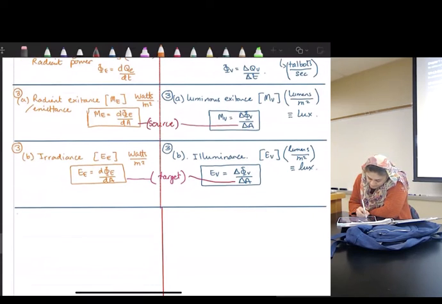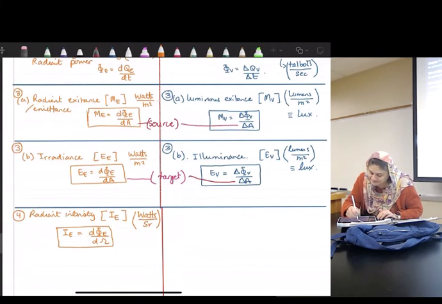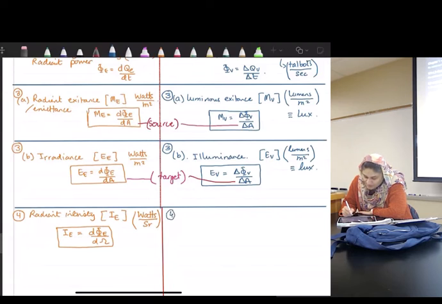Okay, number 4. Radiant intensity. IE. And the units were watts per steradian. The equivalent in photometric units is called luminous intensity.